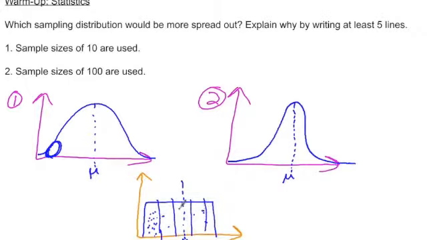It's more likely that we'll be spread out even more. So it's even more rare to get sample means with greater sample size far away from the actual mean. As the sample size increases, the standard deviation decreases. So the first option would be more spread out.